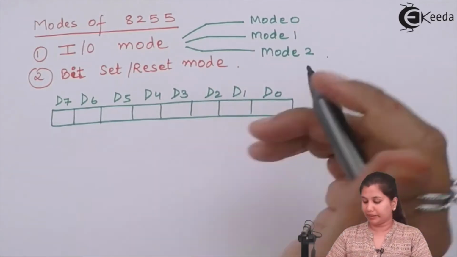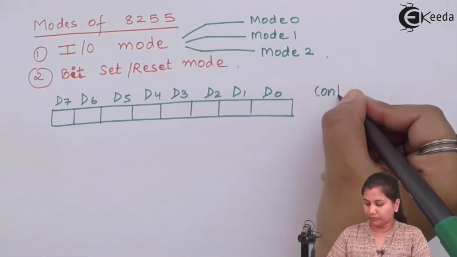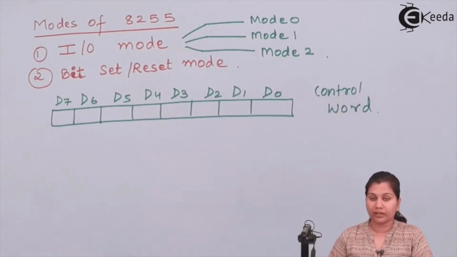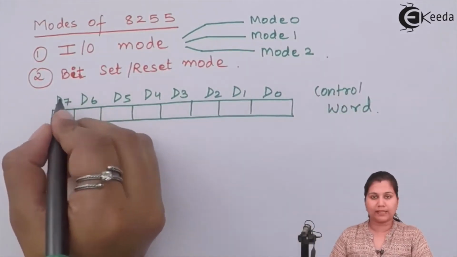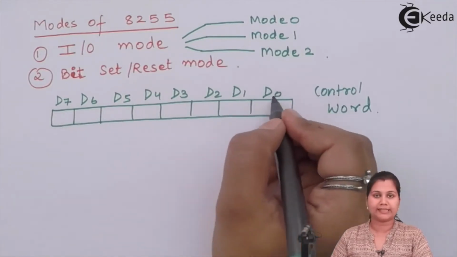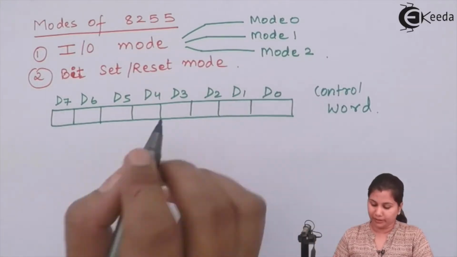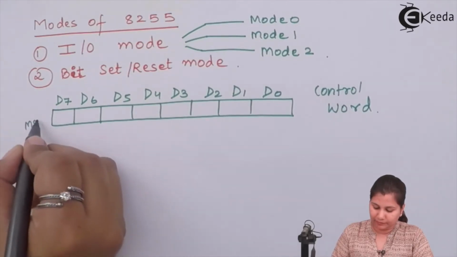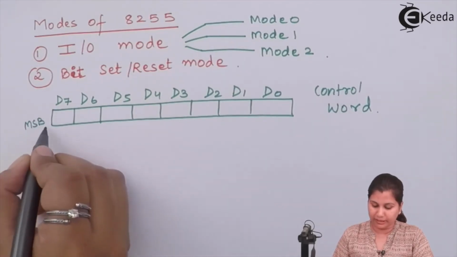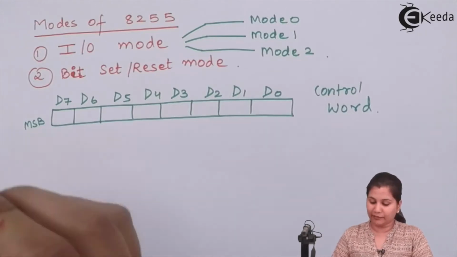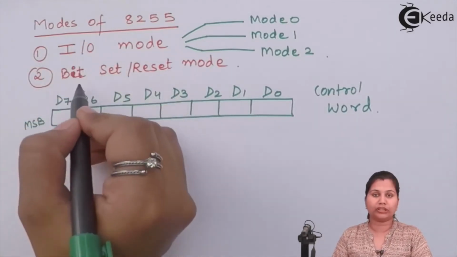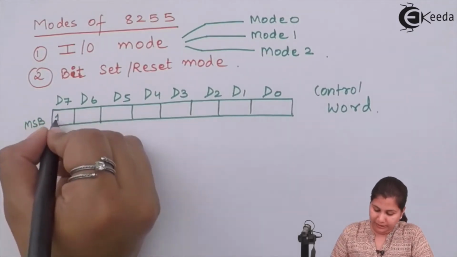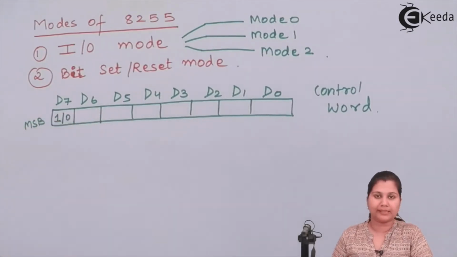These are the 8 bits of the control word. D7 is the most significant bit, and D0 is the least significant bit. Now this bit D7, the MSB, is going to decide in which mode the 8255 is going to work. This bit can be 1 or it can be 0.